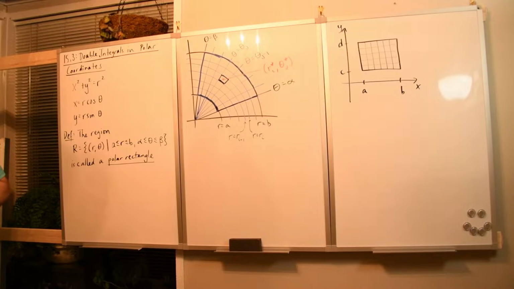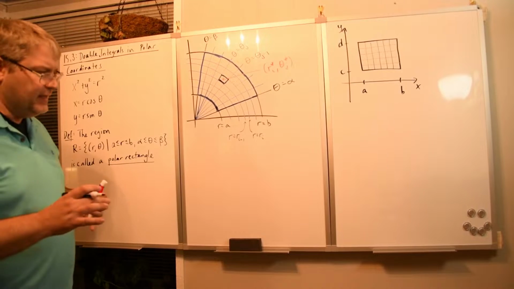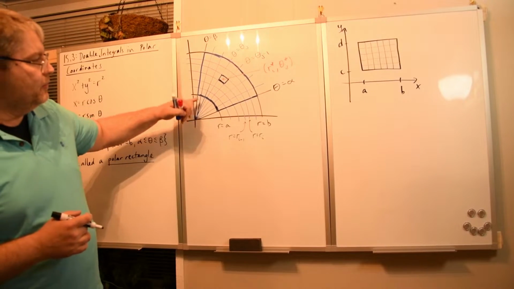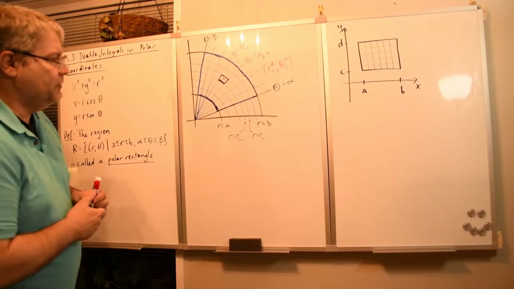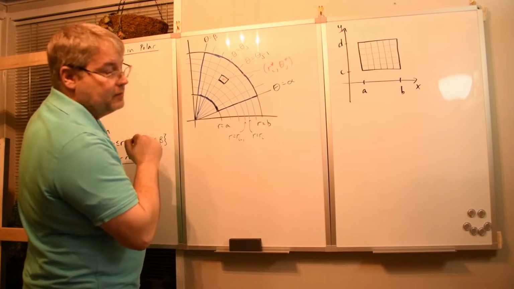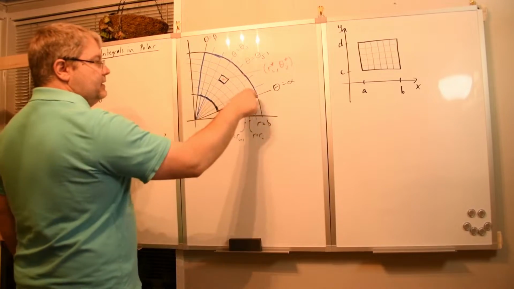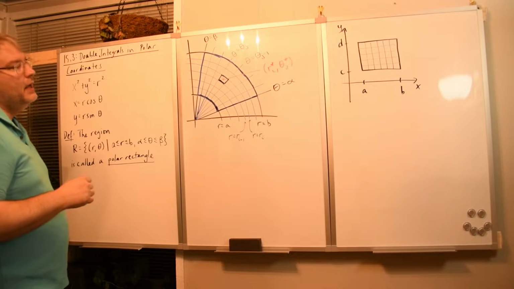Now, if we're really going to start talking about what it means to evaluate a double integral over some sort of polar rectangle like this, imagine a situation in which you have some sort of z equals f of x y sitting over this region. You've partitioned this particular region into subregions. That's what we want to do.